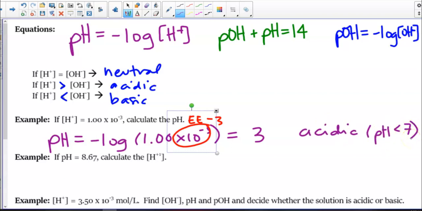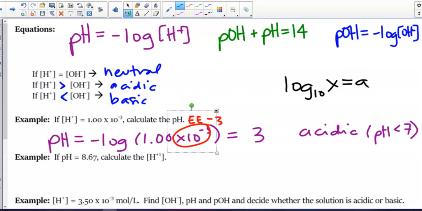All right, so now let's do the reverse. If our pH is 8.67, calculate the H+. So how do I reverse a log? Well, if you remember from math, log is base 10. So log of x equals a, if we just make a generic form.